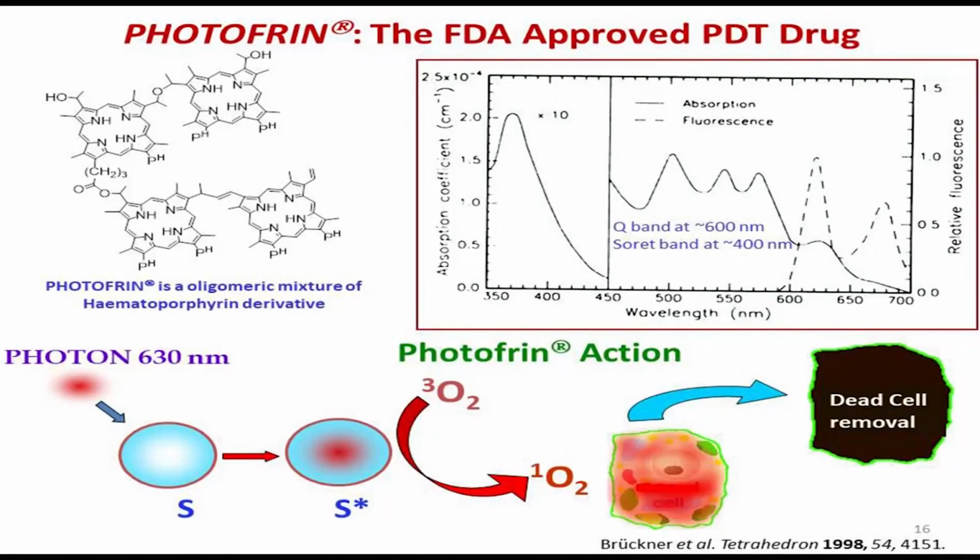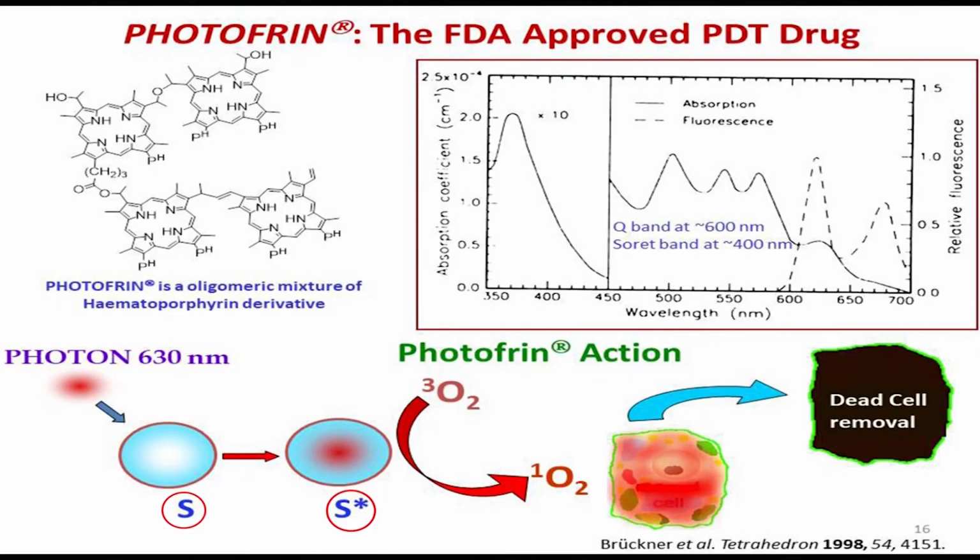One of these very important applications is the PDT drug, photodynamic therapy drug. For example, if you give the substrate a photon of light, the photosensitizer will go to the excited state, as I have shown earlier.